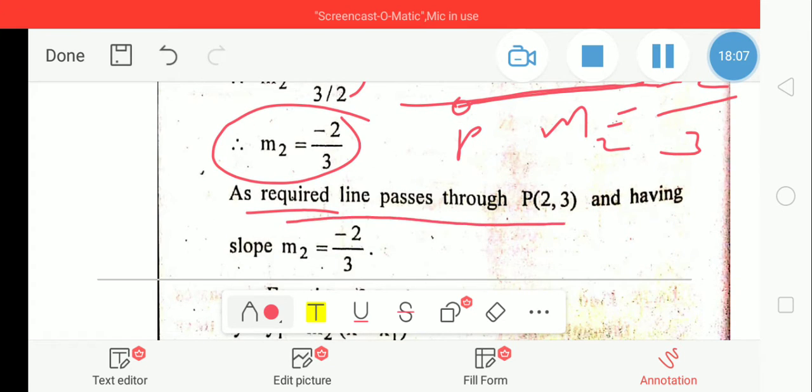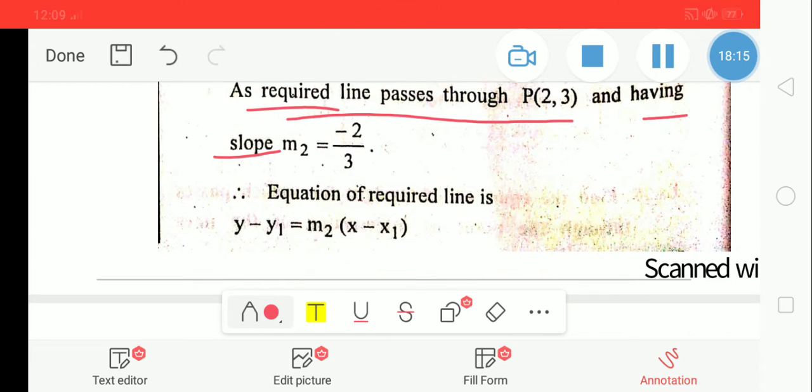So the required line passes through P (2, 3) and has slope m2 equal to minus 2 by 3. So the equation of the required line is y minus y1 is equal to m2 times x minus x1.